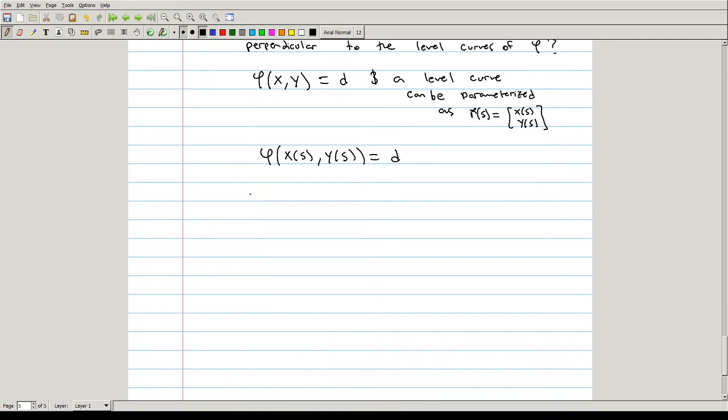And if we differentiate both sides of this equation with respect to s, we also have to differentiate the right-hand side.